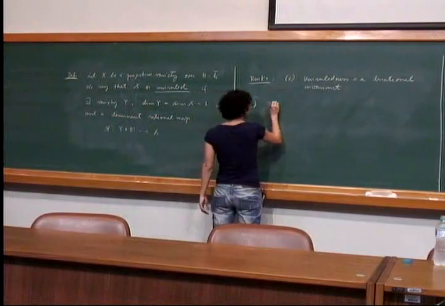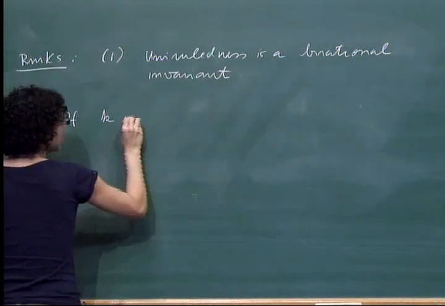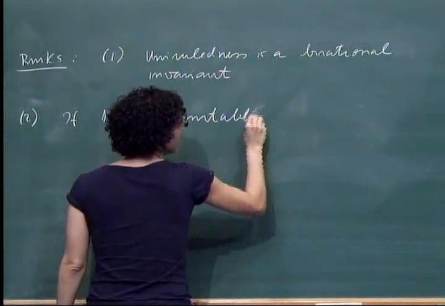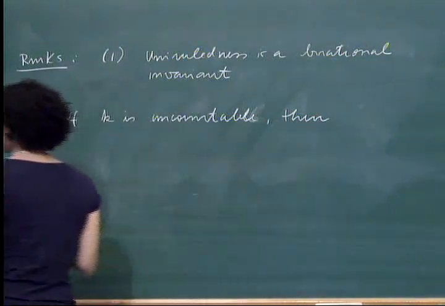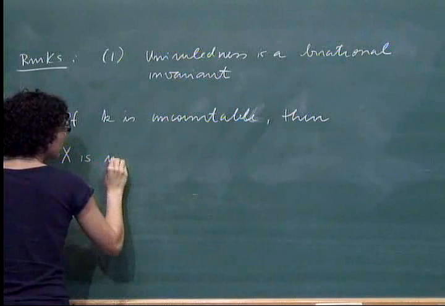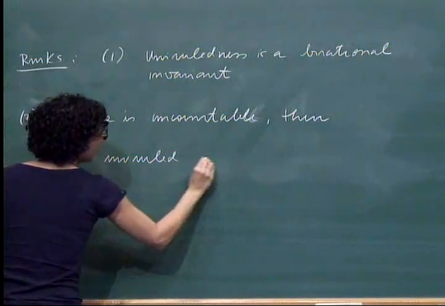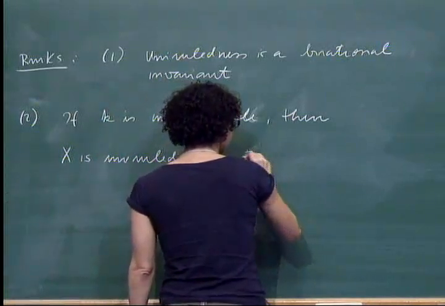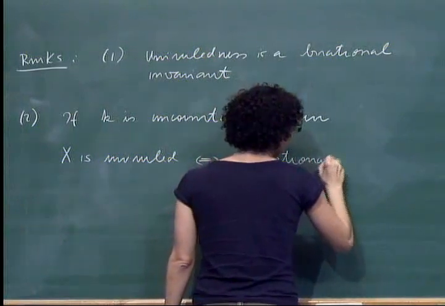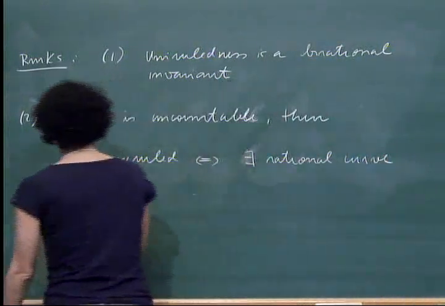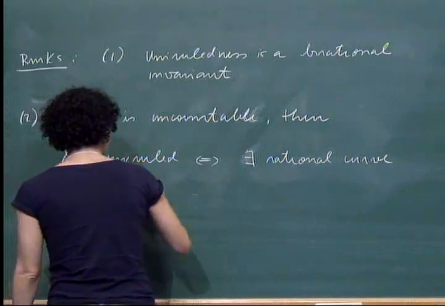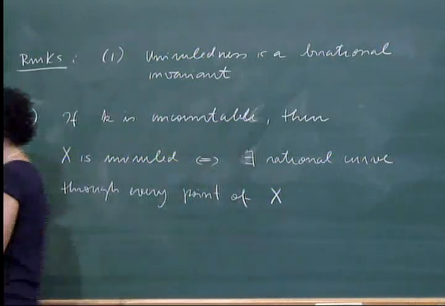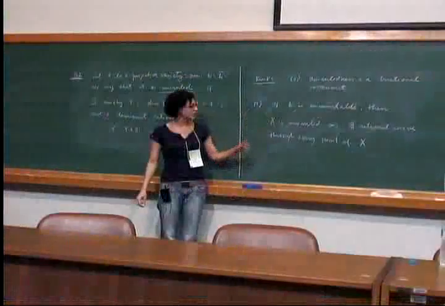And conversely, if the field K is uncountable, then we see that X is uniruled if and only if there exists a rational curve through every point of X. Maybe by the end of this lecture this will be clear.